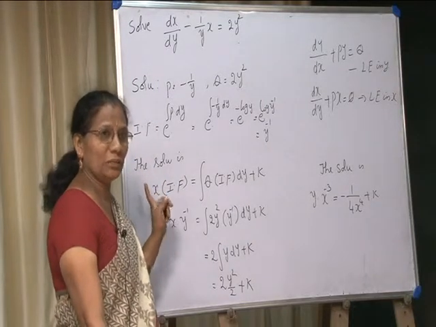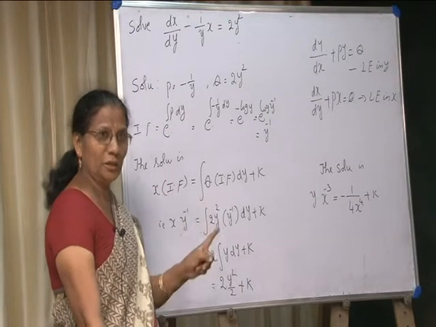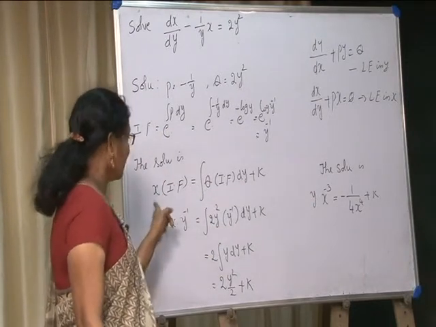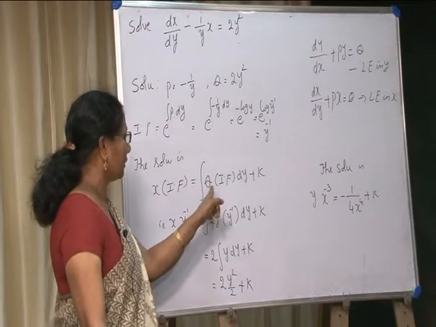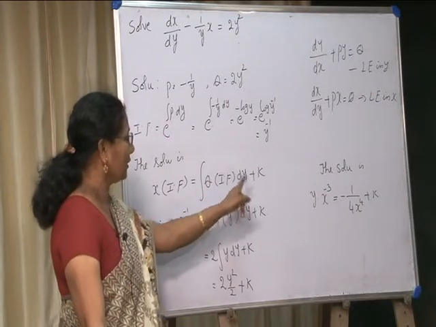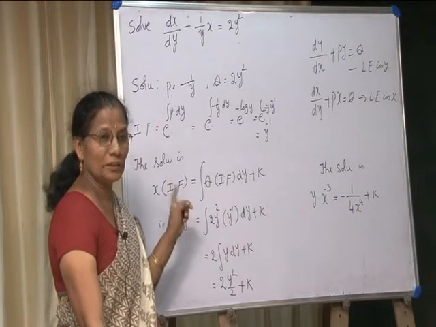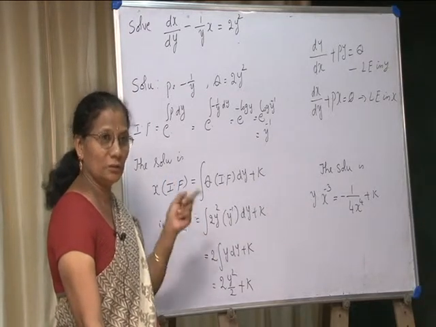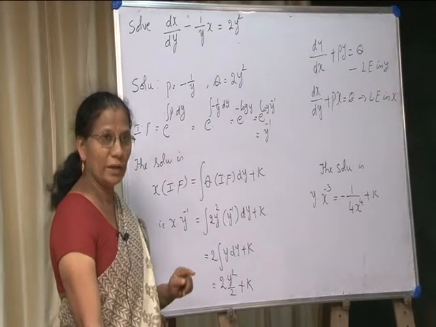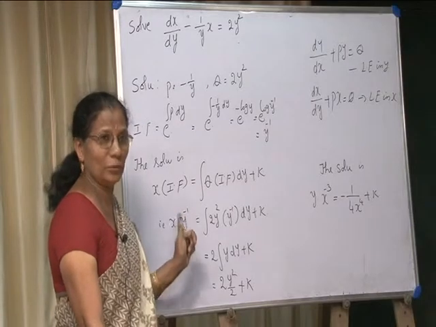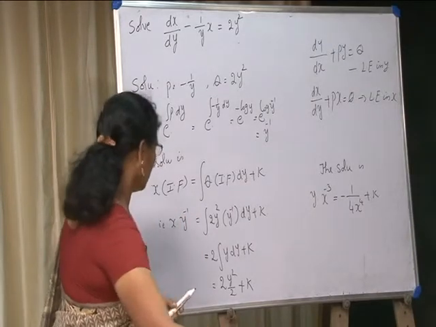But when the given equation is a linear equation in x, then x into integral factor is equal to integration of q into integral factor with respect to y plus k. We have to observe whether the given linear equation is in y or in x or in any variable. Similarly, we have to change the variables according to the rule.